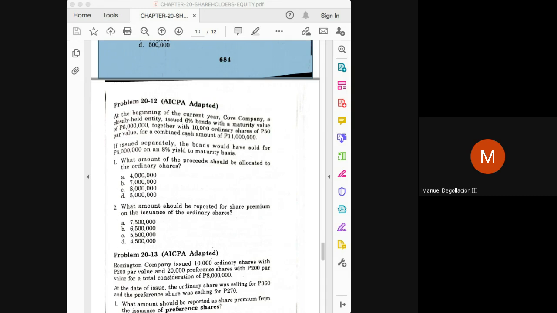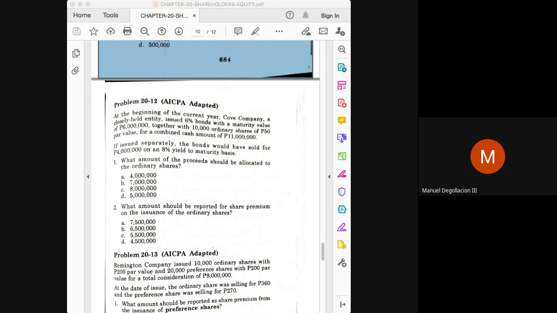And since the total value assigned to the ordinary shares is 7 million, that means the excess over the par would be 6,500,000, and the entire 6,500,000 would be credited to your share premium. So the answer to the second question in problem 20-12 would be 6,500,000.